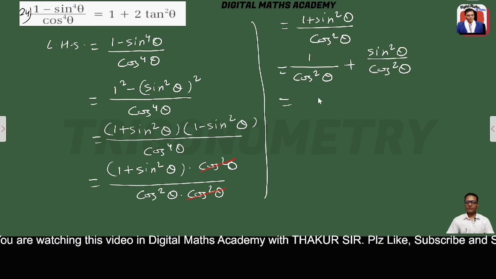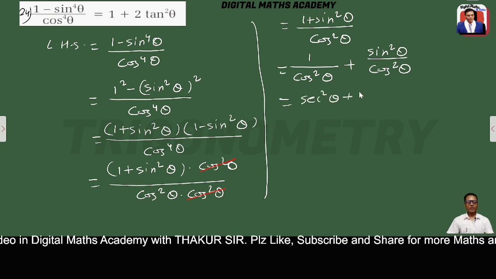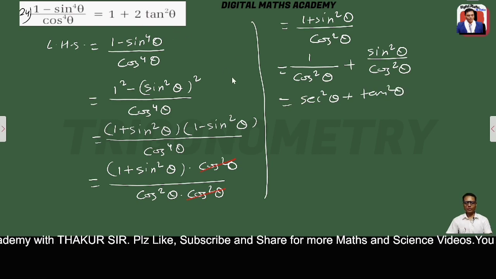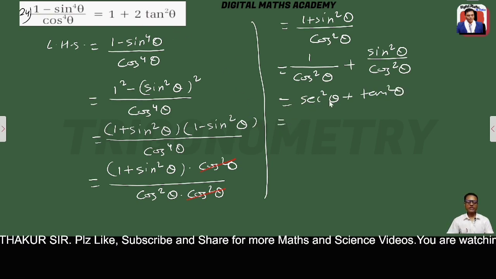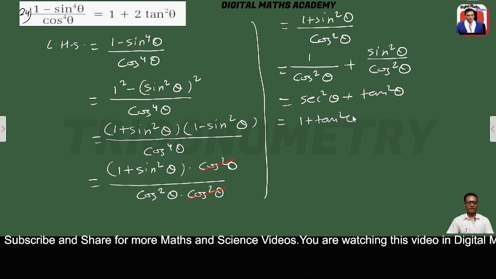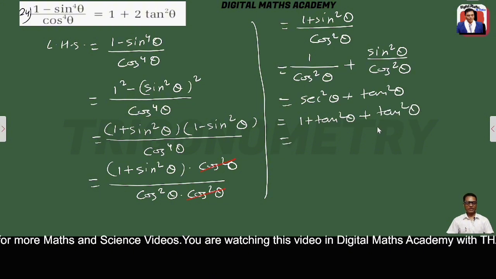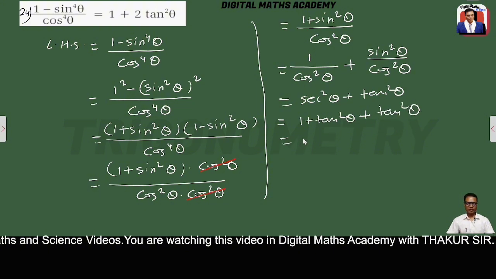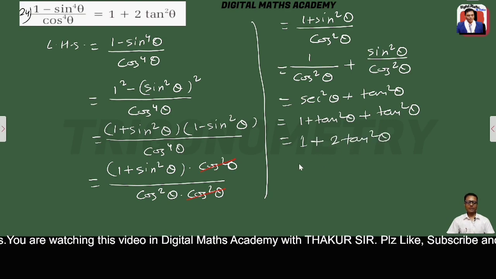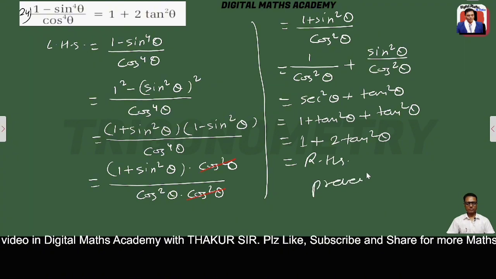So 1 by cos square theta gives us sec square theta, and sin square by cos square gives us tan square theta. But we have only tan square theta at the right hand side, so we change sec square theta into 1 plus tan square theta, plus tan square theta. So tan square theta plus tan square theta becomes 2 tan square theta. Finally we have 1 plus 2 tan square theta, which is the right hand side. Proved.